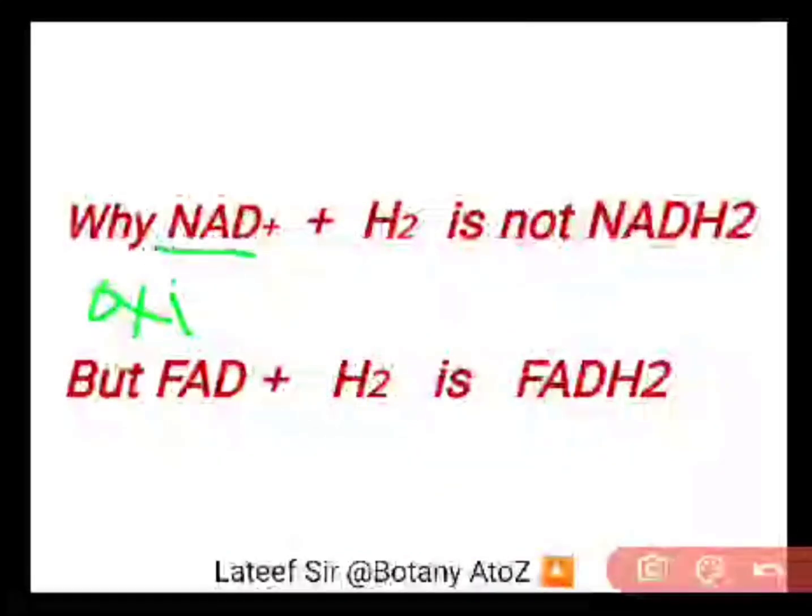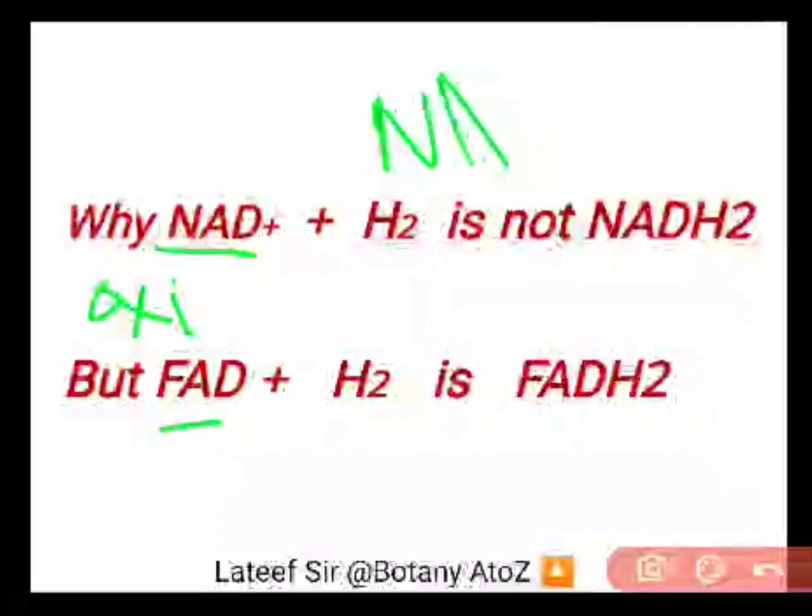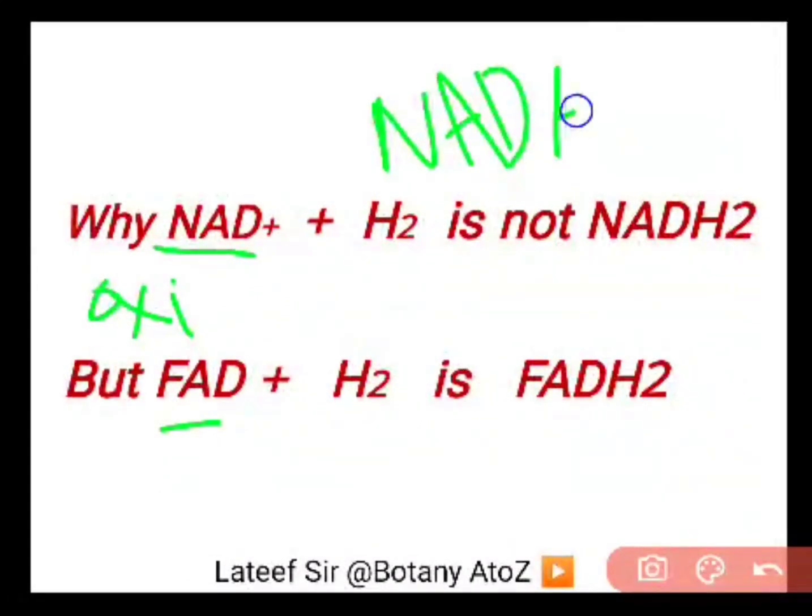As you can see here, NAD positive and FAD will accept electrons and protons, as in glycolysis, the Krebs cycle, or the link reaction. But when they are in their reduced form, the reduced form of NAD positive is NADH, and similarly the reduced form of FAD is FADH2.